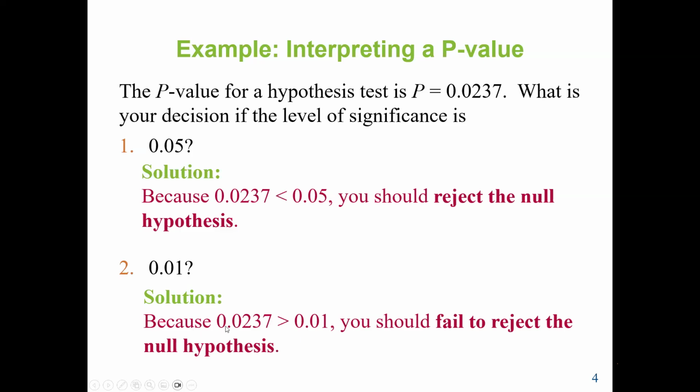So 0.0237 is greater than 0.01, and we fail to reject H0. As we said, when the p-value is equal to or greater than alpha, we cannot reject H0. The p-value should be small, at least smaller than alpha. Then we are going to reject H0.